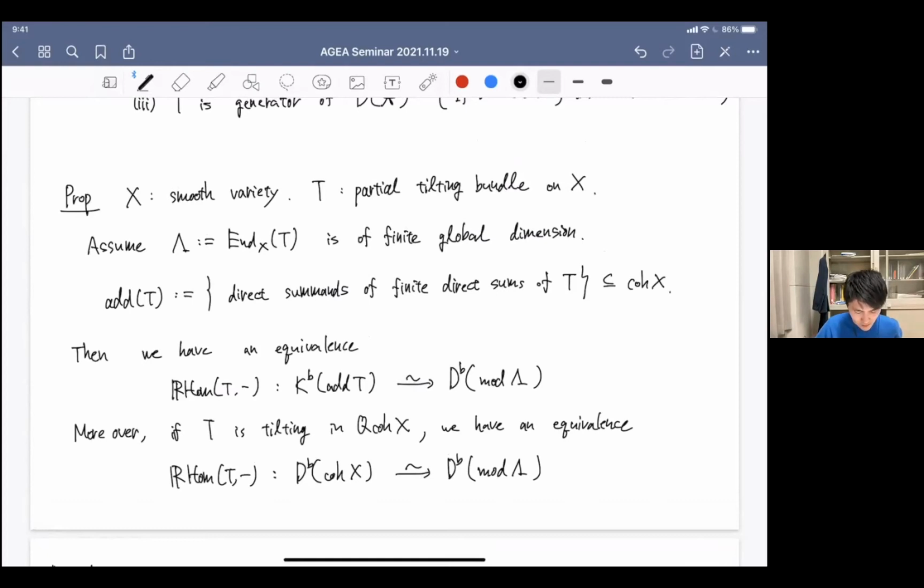For example, the famous example is projective space, and many other examples are known. But if X is a projective Calabi-Yau variety, then X never admits a tilting bundle by Serre duality.